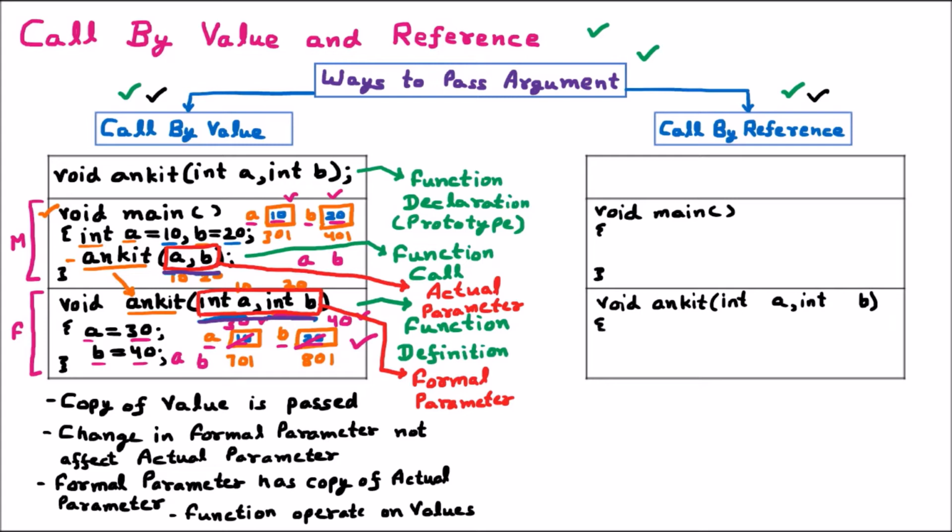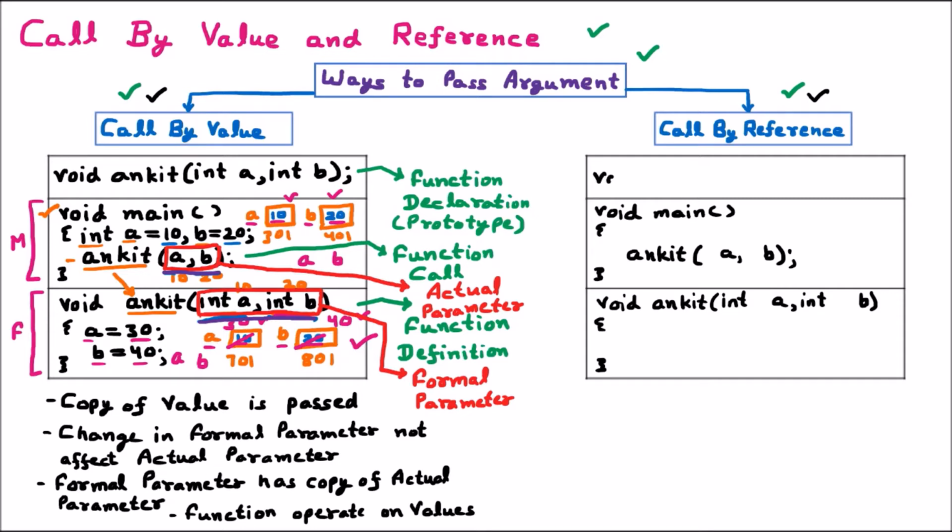And afterward in the function, we are having the body. To call this function, we need a function call. So here we should be calling this function by the name, that is Ankit. In the bracket, we will pass two parameters, let's say A and B. So these are the two parameters we are passing. Whenever we are having a function, it also has the declaration.